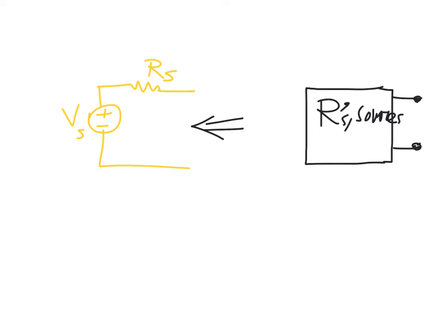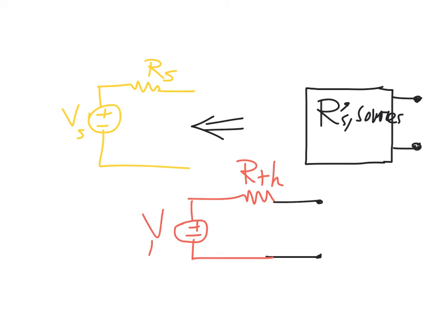All of these sources and resistances can be translated, between the same two terminals here, into just one resistance, which is our R Thevenin, and one source, which is V Thevenin. So this simple example is not actually a simple one, it's a simplified example.